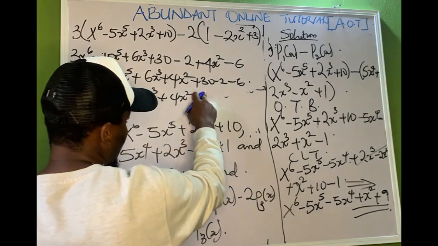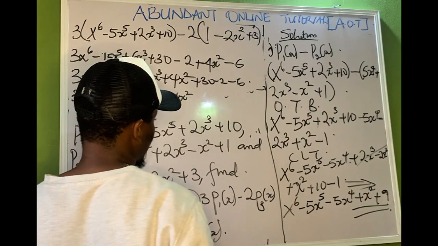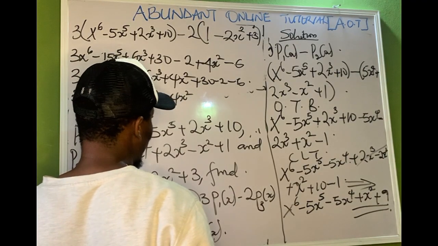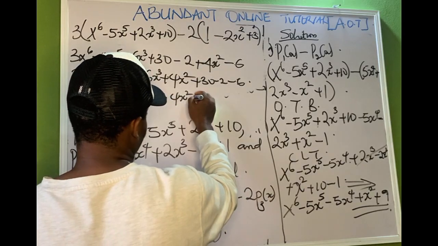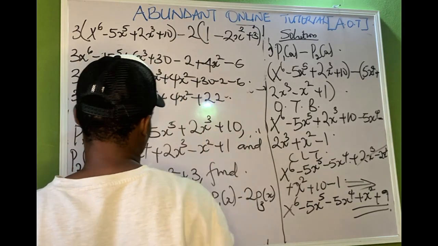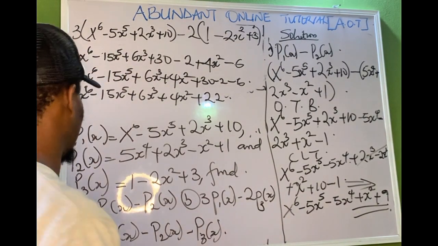So 30 minus 6 is 24, and 24 minus 2 is 22. So that will now be plus 22. This is the final answer for this one.